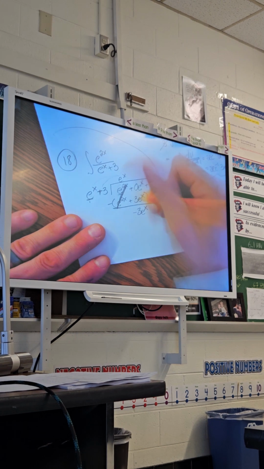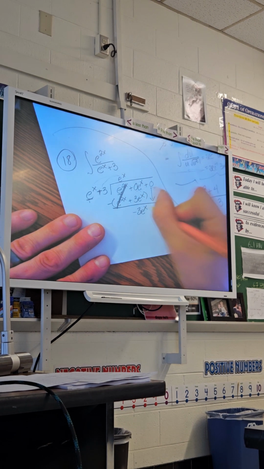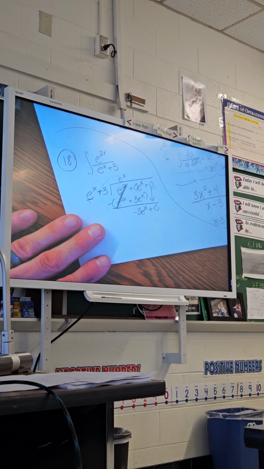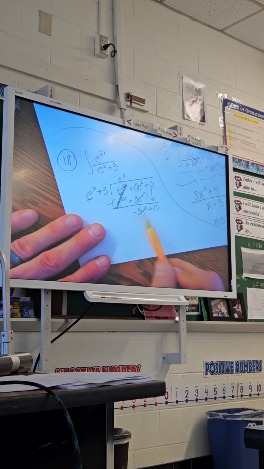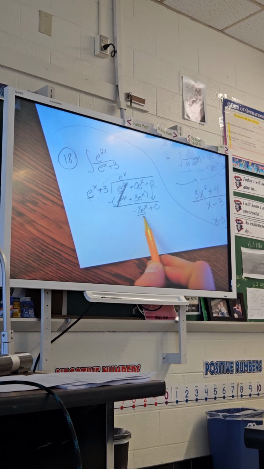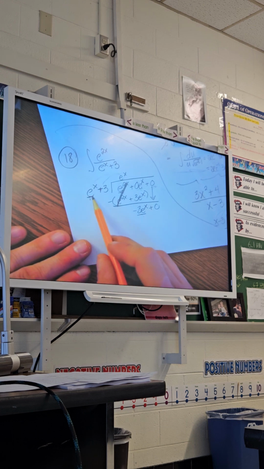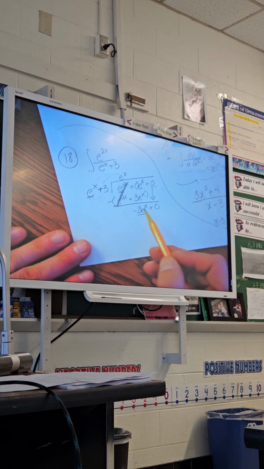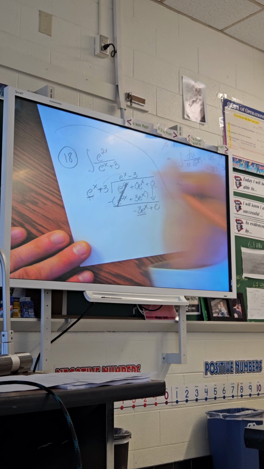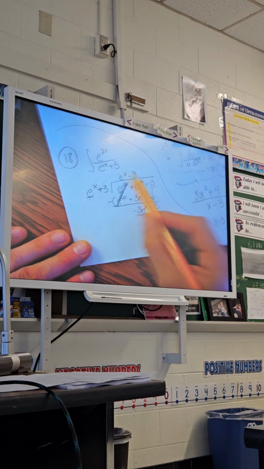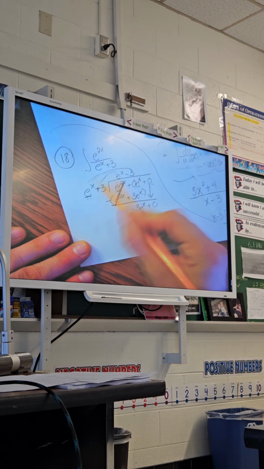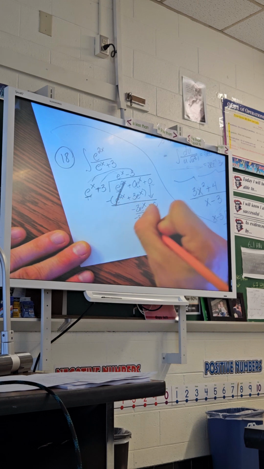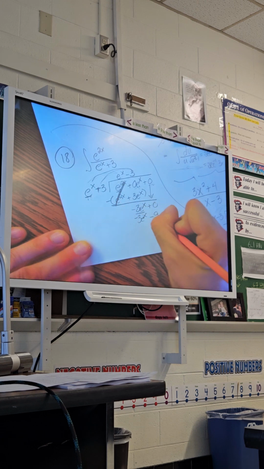And when you do long division, after you subtract, you're supposed to bring down the next number. Now I'm looking at the... Yes, what can you multiply e to the x by that gives you negative 3 e to the x? Negative 3. And then multiply negative 3 back to both here. Negative 3 e to the x, minus 9.